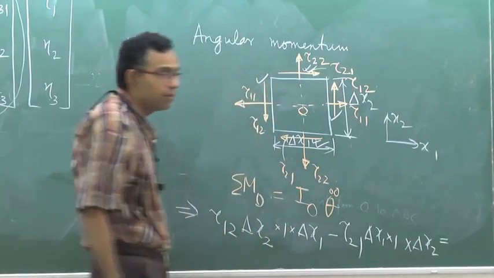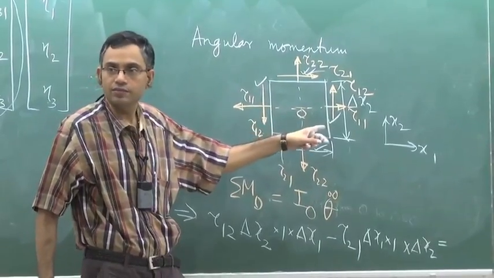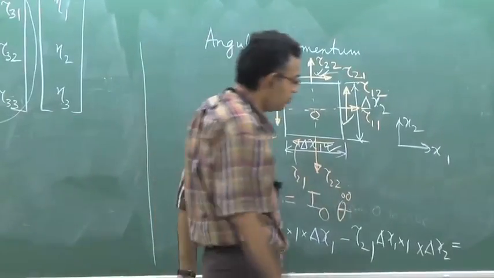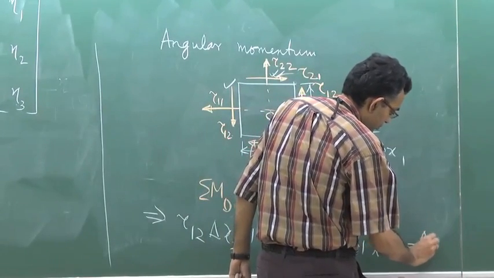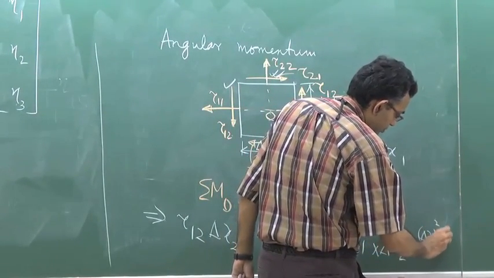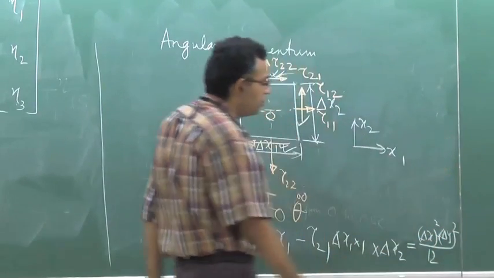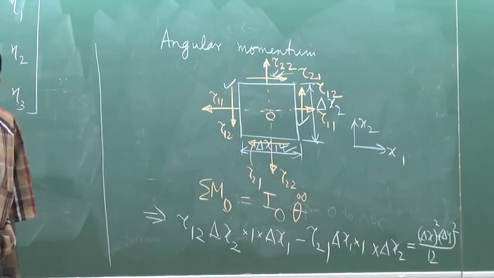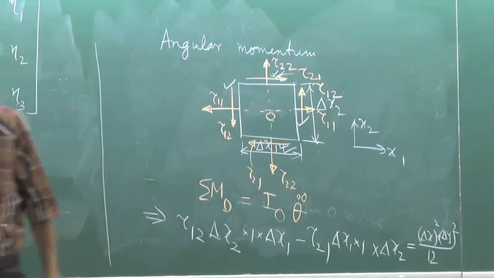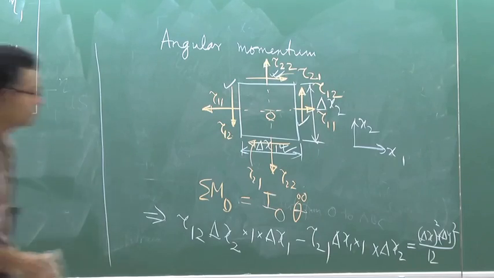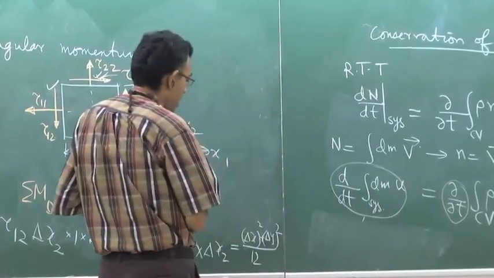Moment of inertia will be proportional to mass into some length square, right. So, by 12 into the mass.